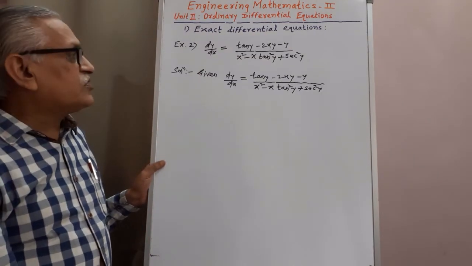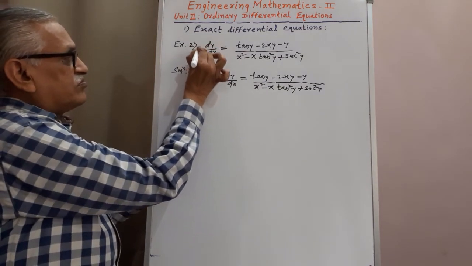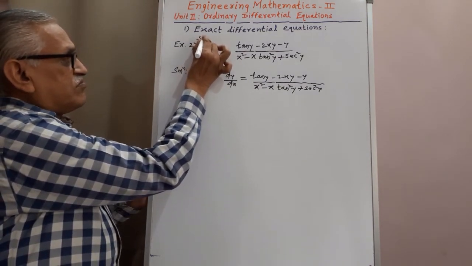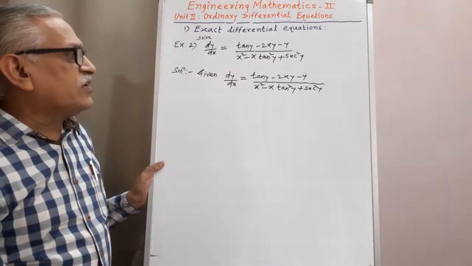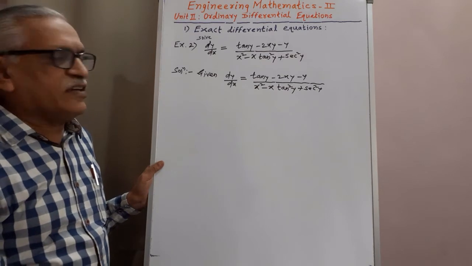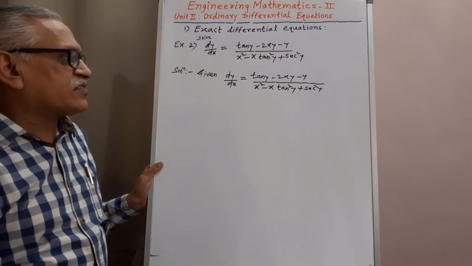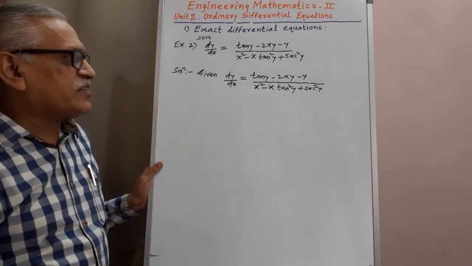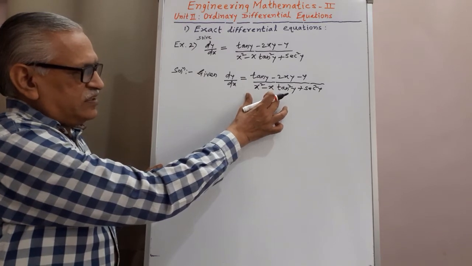Second example, solve dy by dx is equal to (tan y minus 2xy minus y) divided by (x square minus x tan square y plus secant square y). Therefore, the given differential equation is this one.